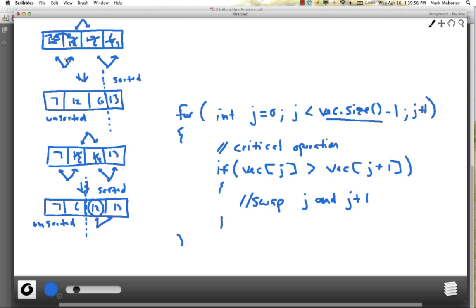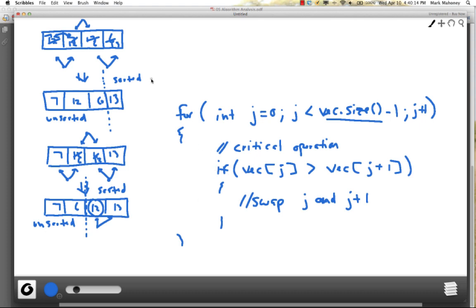Okay, so this will go through every single adjacent pair, and it will push the largest unsorted item to its final sorted position. But this puts only one number in that final sorted position.